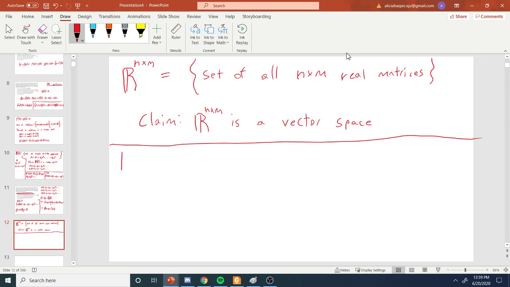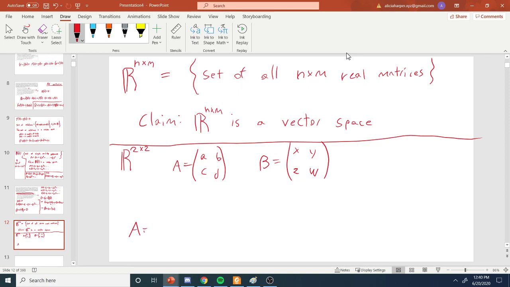At least I'll do it in a concrete example, say R^(2 by 2). So let's suppose one of our matrices is A, with entries a, b, c, d. And let's say our other matrix is B, with entries x, y, z, w.